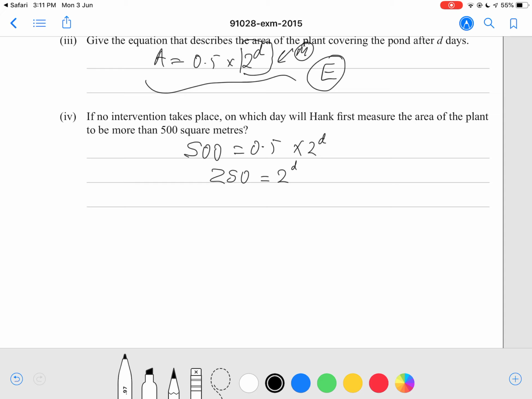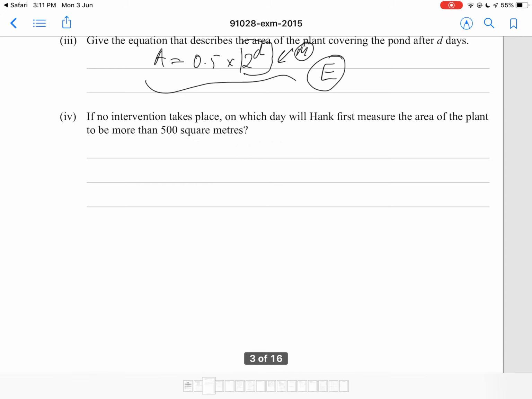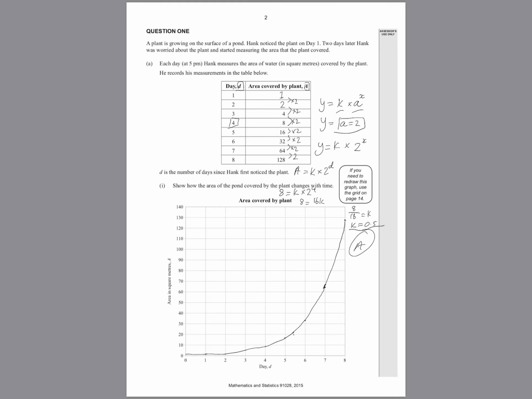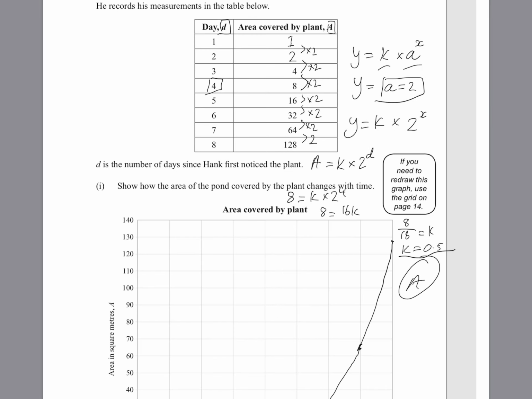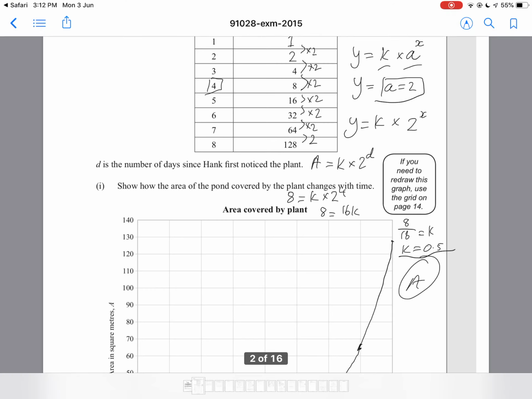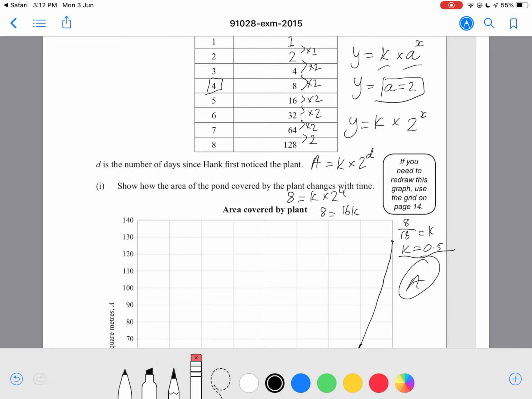Actually, we should refer back to our graph of this question. As you can see, each day is doubling, right? So day 8 will be 128. Day 9 will be this doubled, so day 9 is 256.